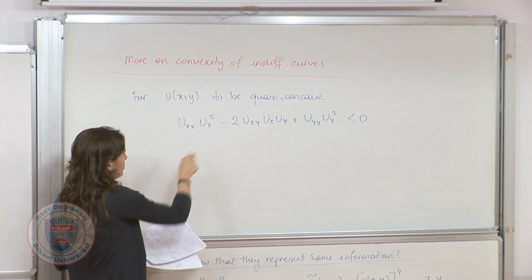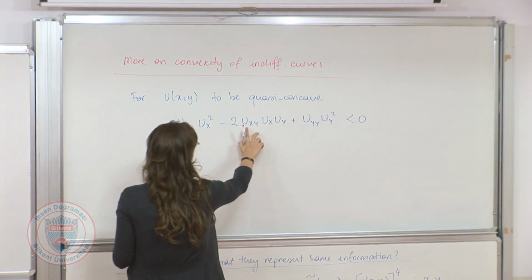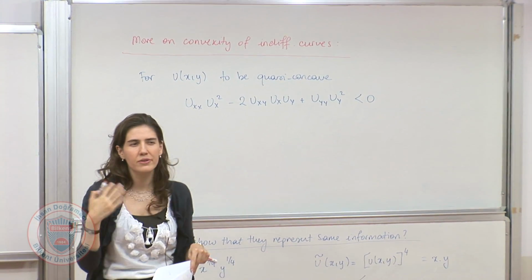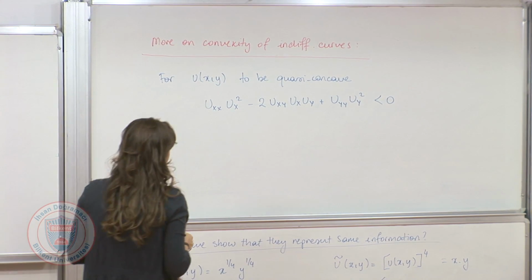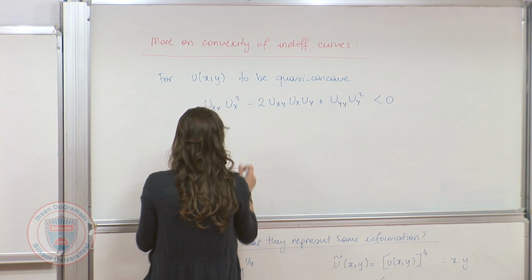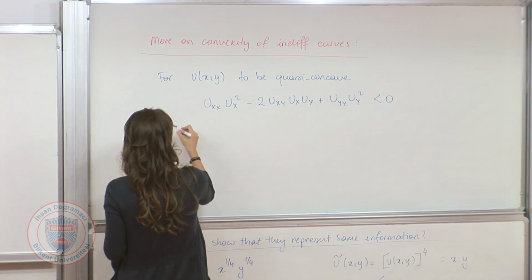They say that it's actually a sufficient condition. So if this condition is satisfied, then you can say that this utility function u of xy is quasi-concave. But actually there should be another condition, so this is not enough. There is an implicit second condition that should be there.